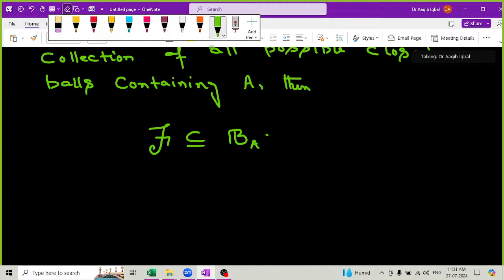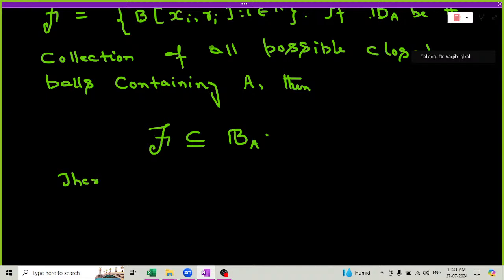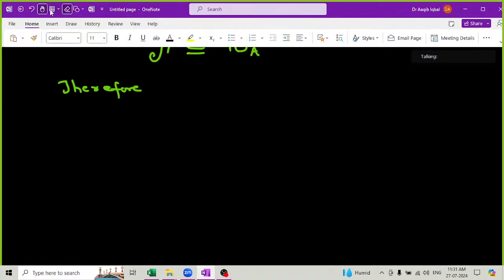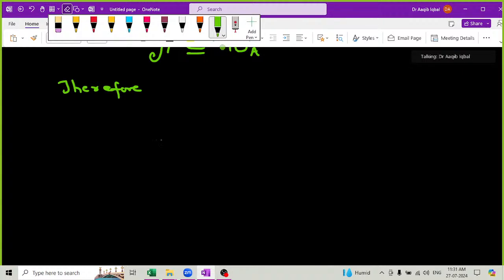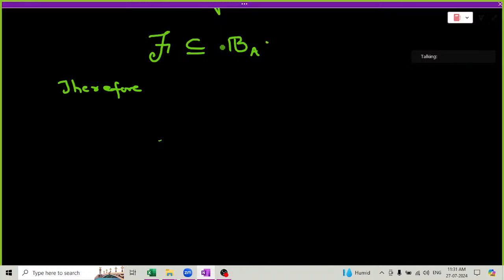Now see what if I take, therefore, the intersection of all the balls in fancy F. You are taking an intersection, right? And if you take the intersection of all the balls in boldface B sub A, since boldface B sub A is a bigger collection, more balls will come in, and since you are taking an intersection, that means more restrictions.